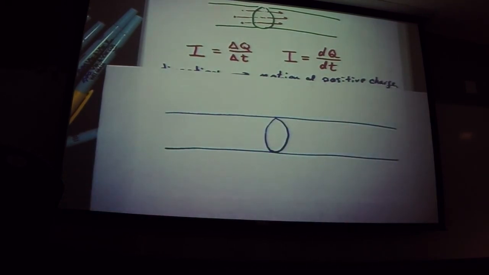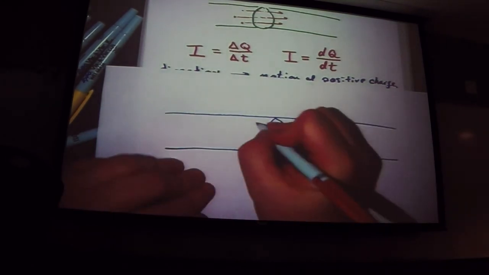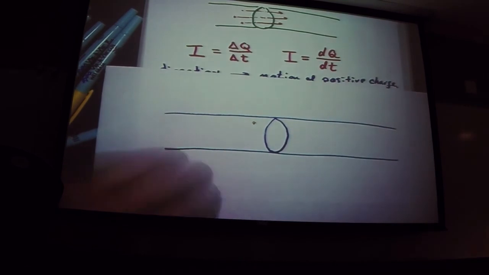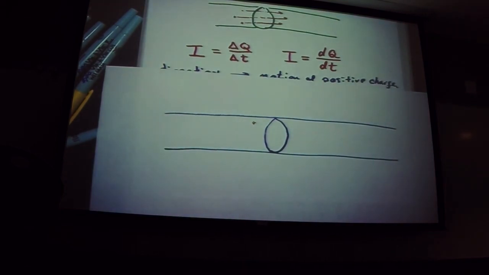So what we want is to count the number of charges that pass through this in a particular time delta t.